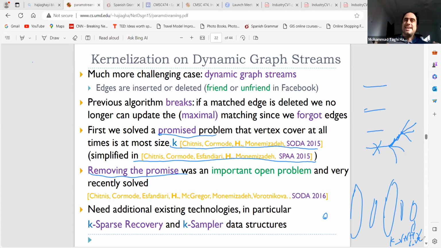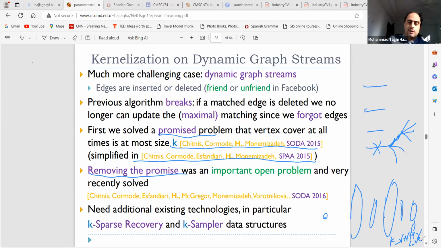Can you, in this case, guarantee that you find this fixed parameter streaming, or even a 2-approximation for vertex cover in the final graph? That was quite non-trivial, exactly because you are inserting and deleting lots of edges. I will talk about this algorithm briefly.